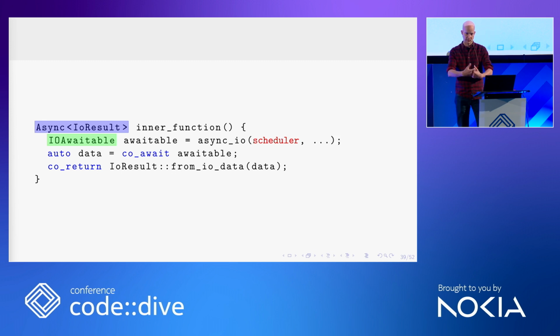But to construct this, we need to tell it what to register with, right? So I call that the scheduler here. And the scheduler is really the entity that keeps track of all the outstanding I/O requests and the corresponding coroutines that need to be woken up when that result arrives. And where does the scheduler come from, right?